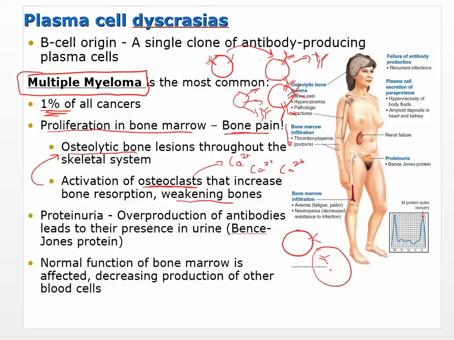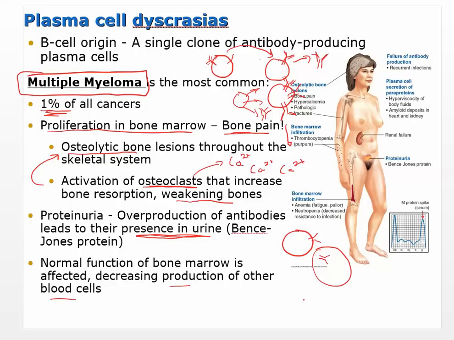It doesn't stand a chance at this point, but you still have the production of the antibodies. And so a lot of times you see this in urine. You see the increase in urine protein, which is proteinuria, and normal function of the bone marrow, just like in every other case, is affected. So it decreases the production of other types of blood cells.